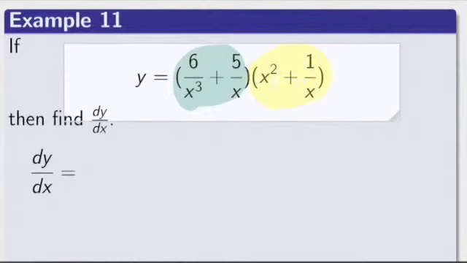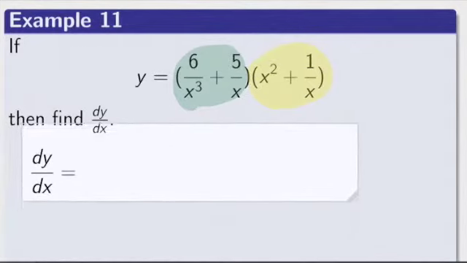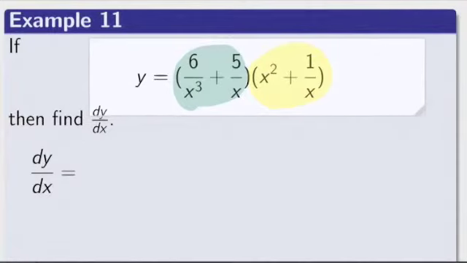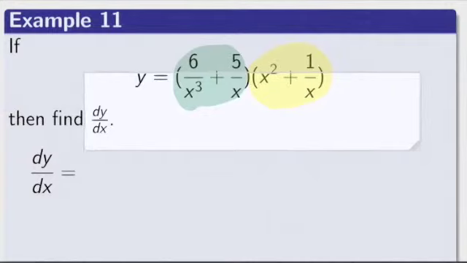So y is expressed as a product of two functions. Differentiating y with respect to x, we could apply the product rule, but we will write y in a more convenient form, which doesn't involve fractions.